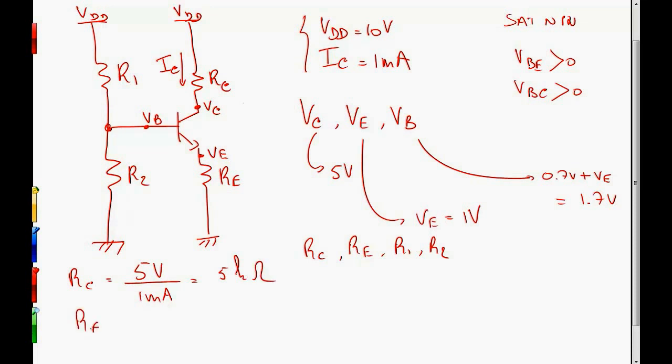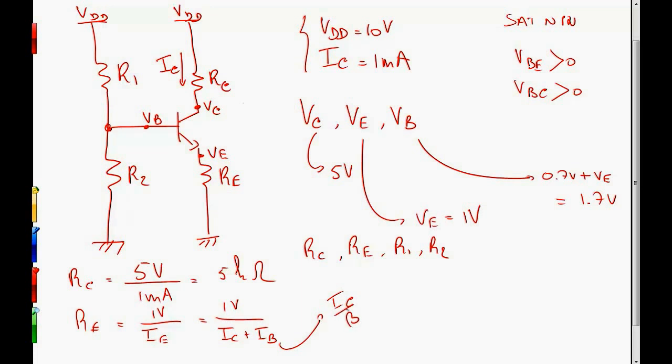The emitter resistance would be calculated in the same way, meaning 1 volt divided by the emitter current. Now the emitter current is composed by the collector current plus the base current. And that's a problem. It's a problem because the base current is actually not well known. It's not well known because beta, the forward current gain, is not well known.